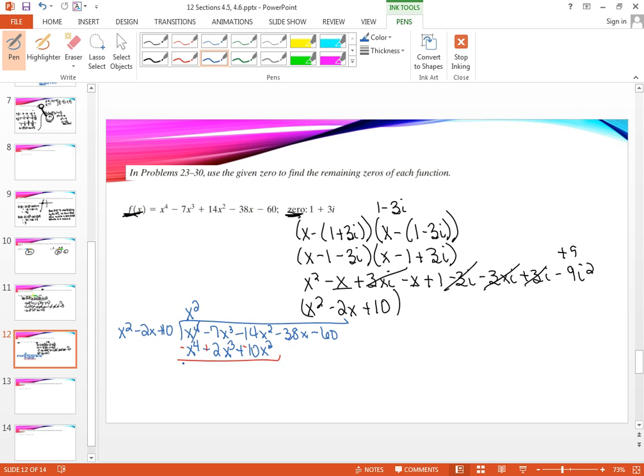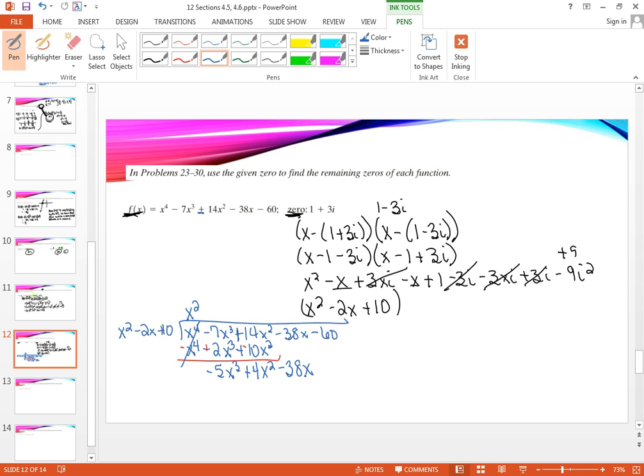Those add to 0. Minus 5x to the third, minus, that's a plus, from here, that should be plus 4x squared, and then bring down the minus 38x.